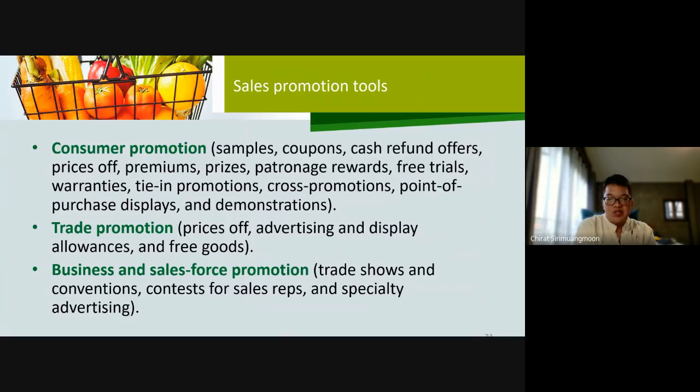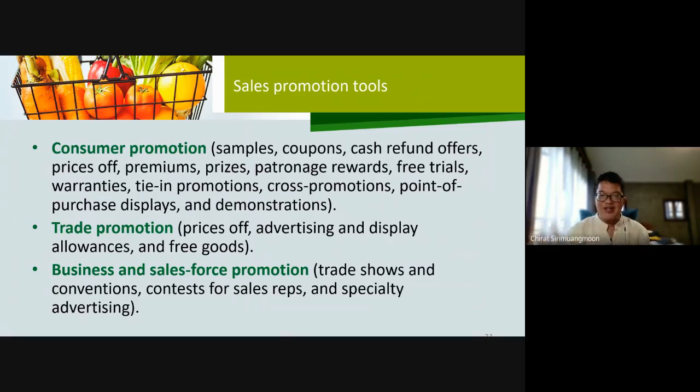Sales promotion, first, you can use promotion aimed at the consumer, like giving samples, coupons, cash refunds, price off, premium prices, or rewards like member free trial, warranty, tie-in promotion, cross promotion, point of purchase display, and demonstration.